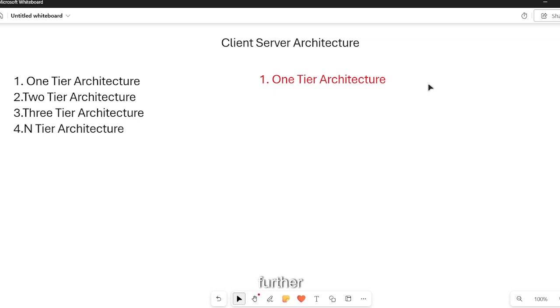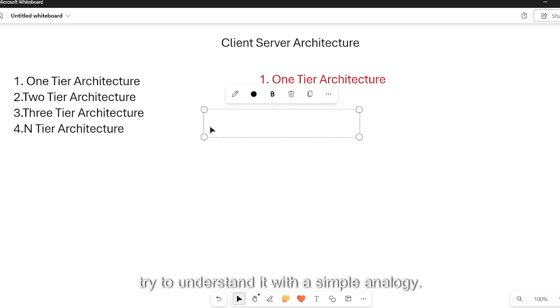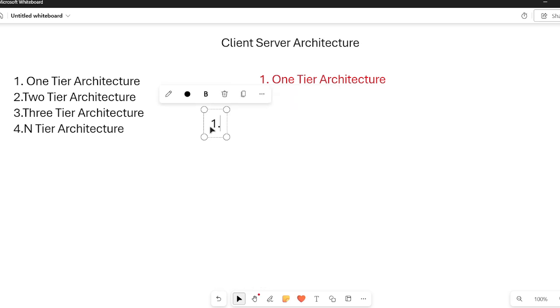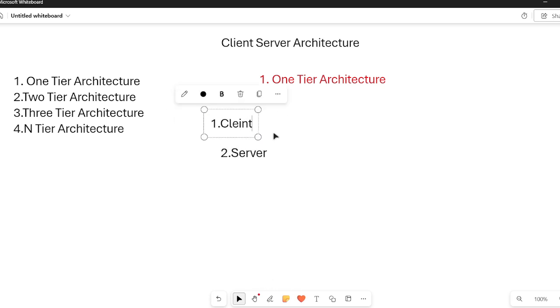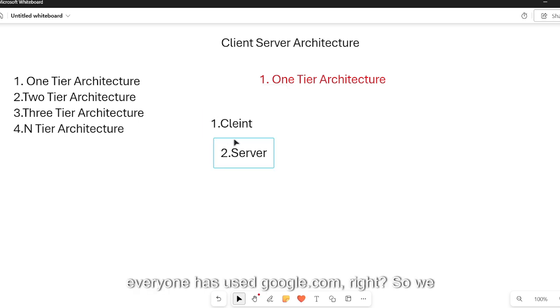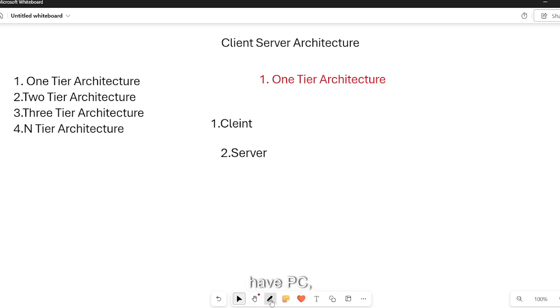Further, let's take one step back and see what is this client and what is this server. Let's try to understand it with a simple analogy. I believe everyone has used google.com, right?